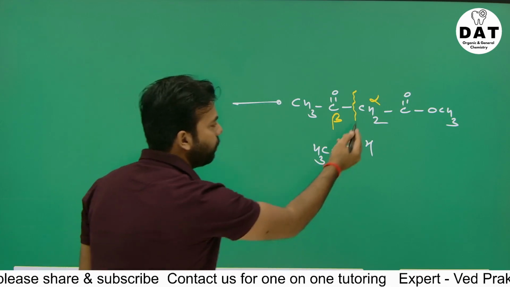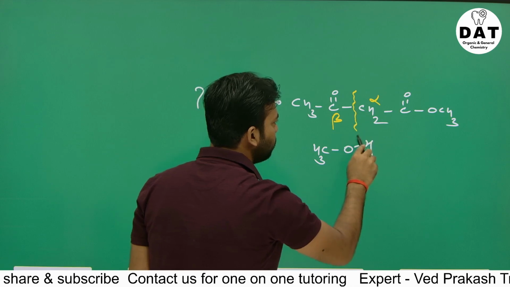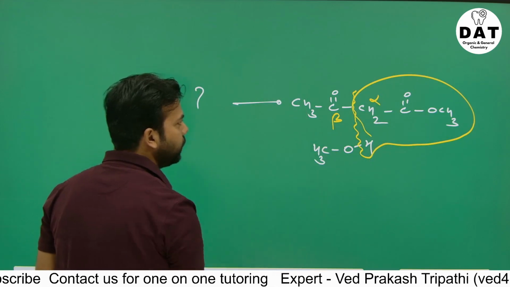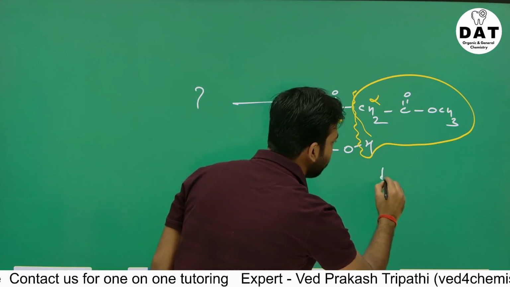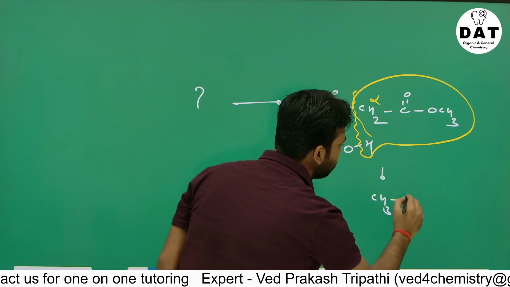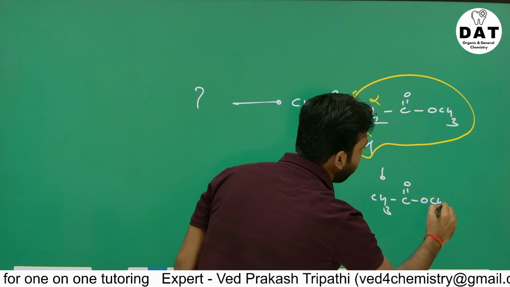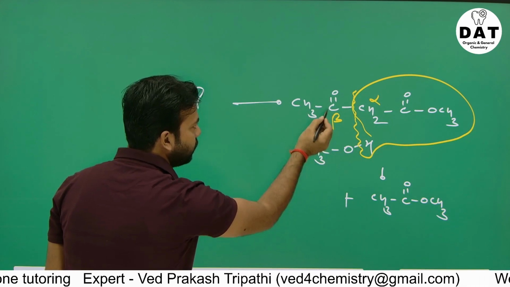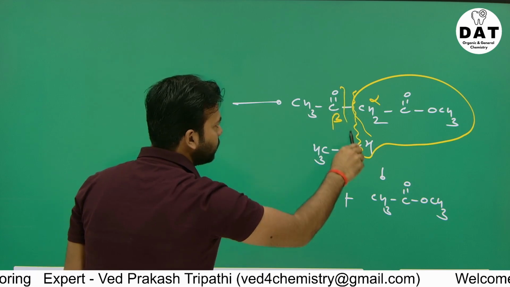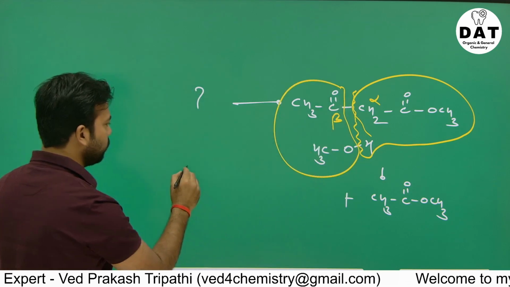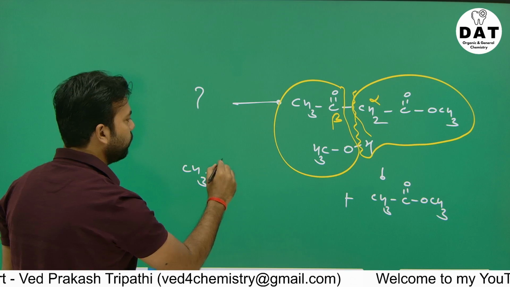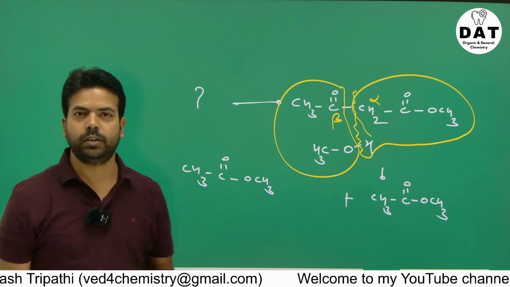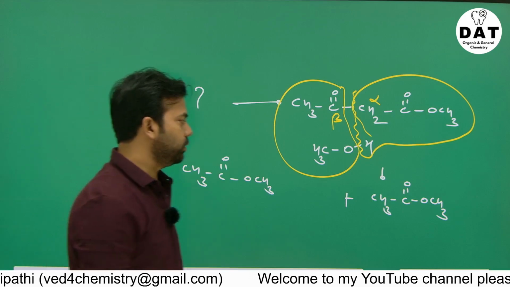So this alpha will grab this hydrogen, so it becomes CH3 COCH3 like this, and this mole also, once it attacks this CO with OCH3 like this. So this is also my reactant, CH3 C double bond OCH3, clear? So this is retrosynthesis, meaning from product to reactant.